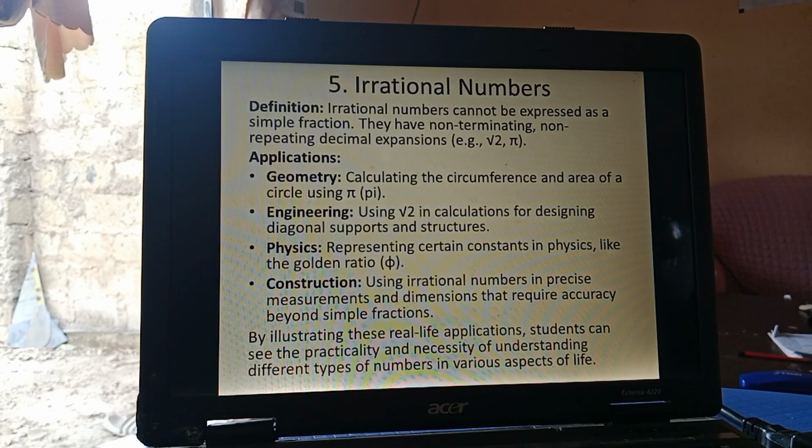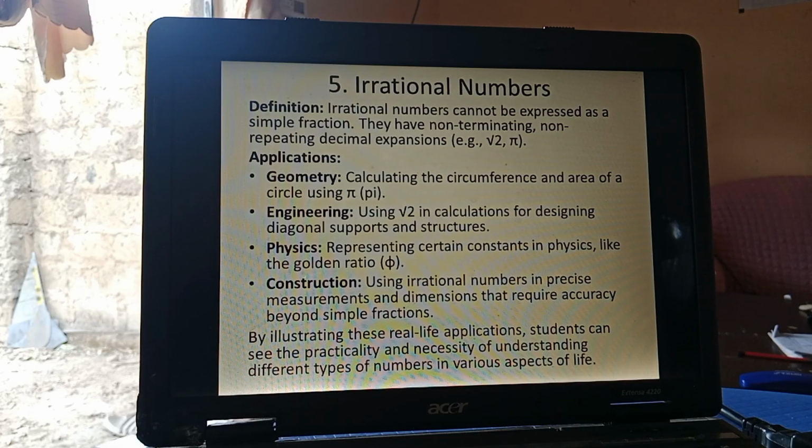Applications. Geometry, calculating the circumference and area of a circle using pi: pi r squared, or circumference 2 pi r. Engineering, using root 2 in calculations for designing diagonal supports and structures. Physics, representing certain constants in physics, like the golden ratio.